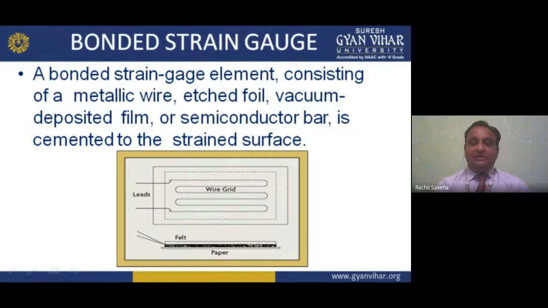See, leads are there, wire grid, loops, felt, paper, and this yellow shape is basically the resistance mounting, as I earlier told you.